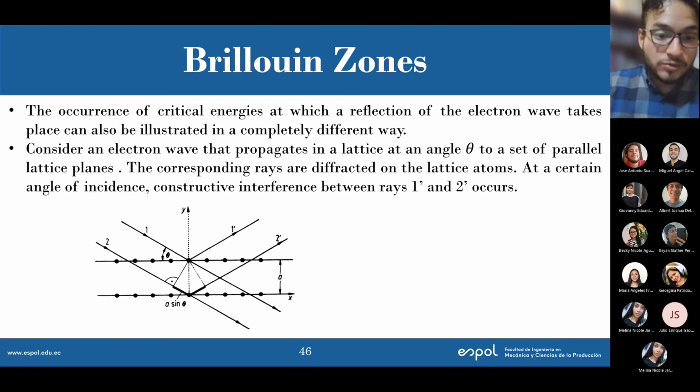So let's consider an electron wave that's propagating in a lattice at an angle theta, right? That angle is relative to a set of lattice planes. Those incoming rays are diffracted on the lattice atoms at a certain angle of incidence, right? And so you have this. That's basically Bragg's law. Who remembers Bragg's law?